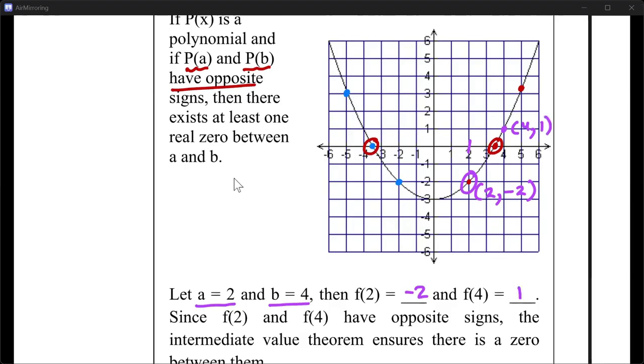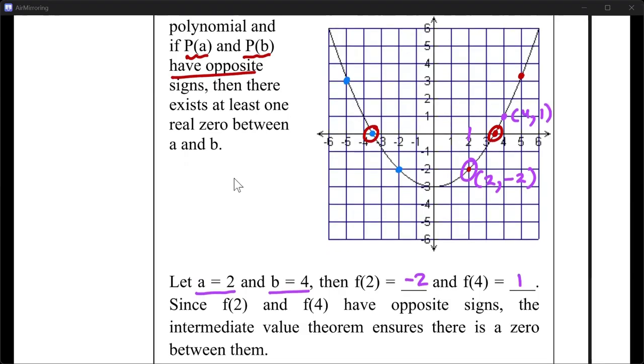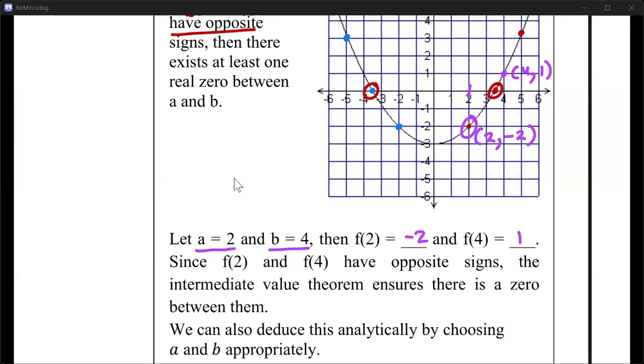So f of 2 is minus 2 and f of 4 is 1, which have opposite signs, right? And because they have opposite signs, the intermediate value theorem ensures there is a zero between them. And we can see that we have already noted that zero is there.